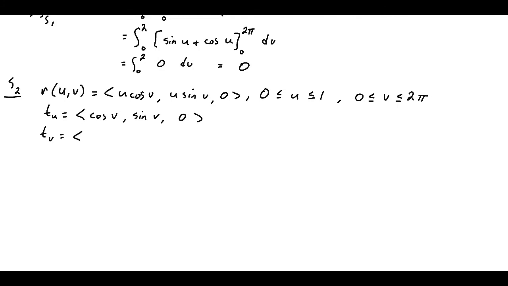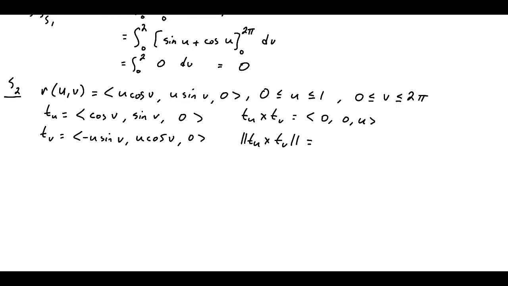T sub v is equal to angle bracket negative u sine v, comma u cosine v, comma 0, so that t u cross t v is equal to angle bracket 0, comma 0, comma u, close angle bracket, and the magnitude of t u cross t v is then equal to u.